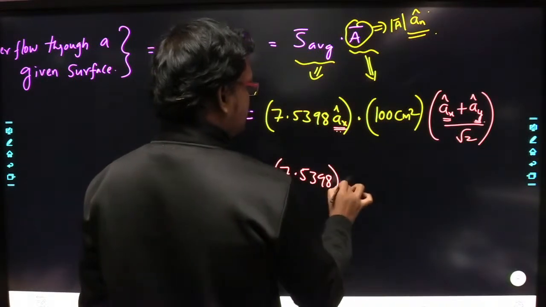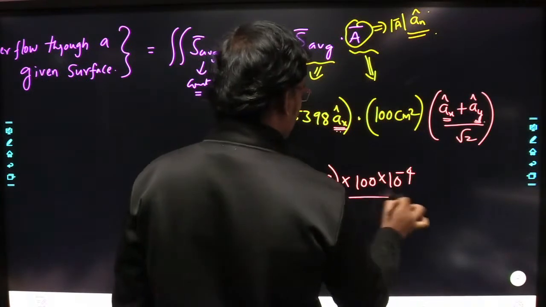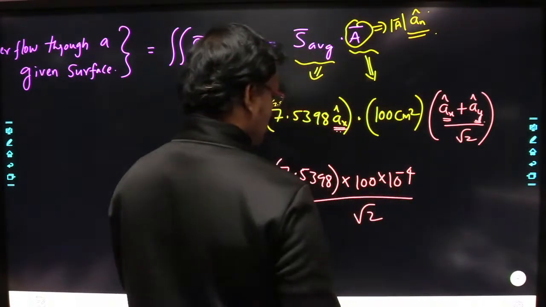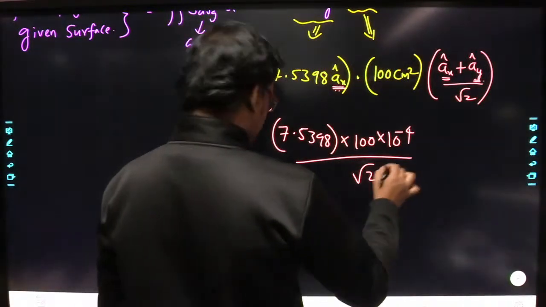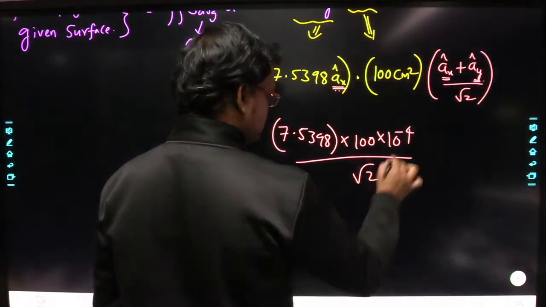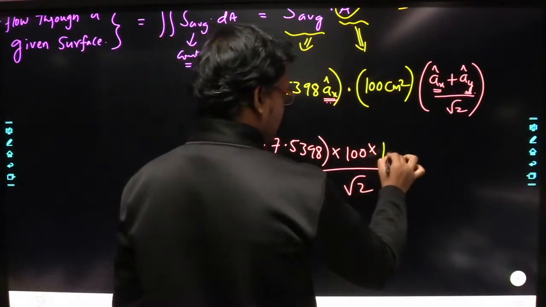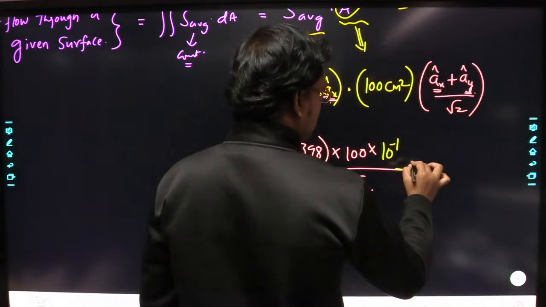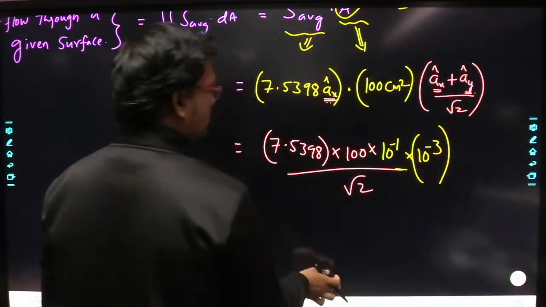So what you are going to get? 7.5398 into 100 centimeter square, that is 100 into 10 power minus 4, divided by root 2. Okay, remember you have to give the answer in terms of milliwatts. So I am writing this as 10 power minus 1 into 10 power minus 3, so you write it in milliwatts.